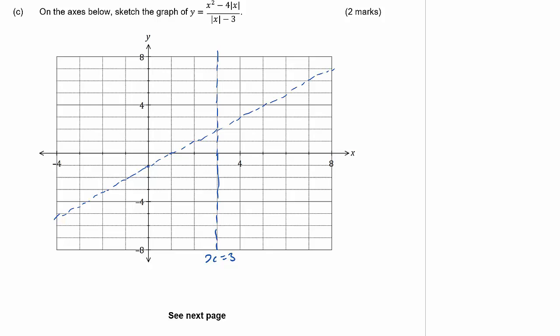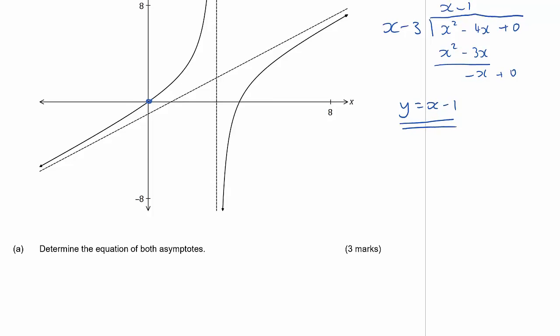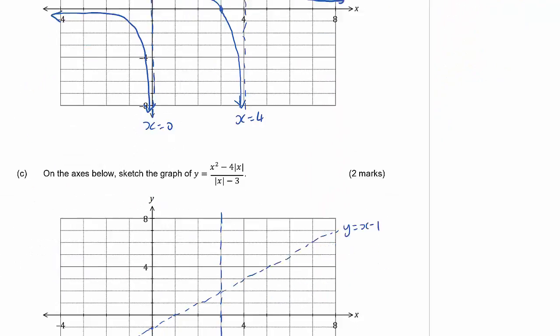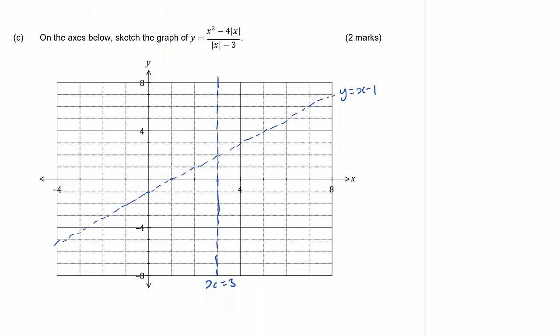So that's y equals x minus 1. Now what did the original curve look like? So this must be at 4, just think about that, makes the top 0. So it's going to do this type of thing.